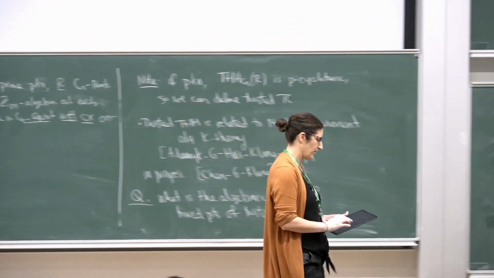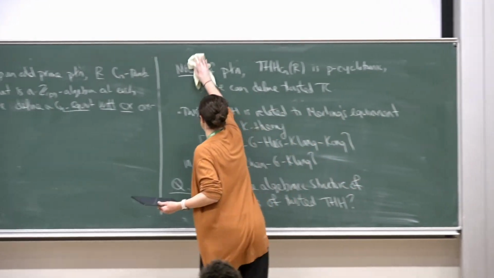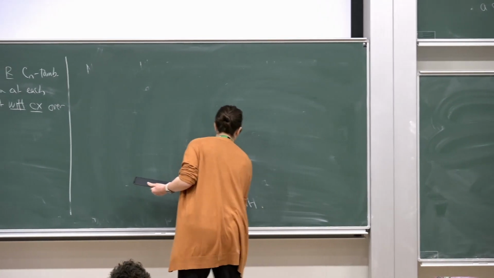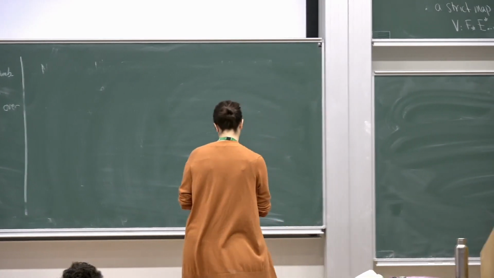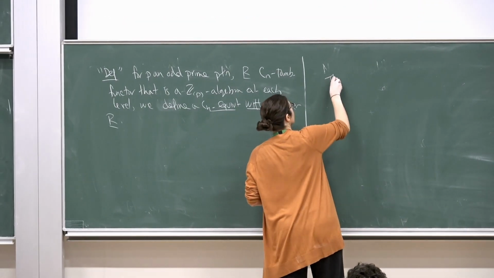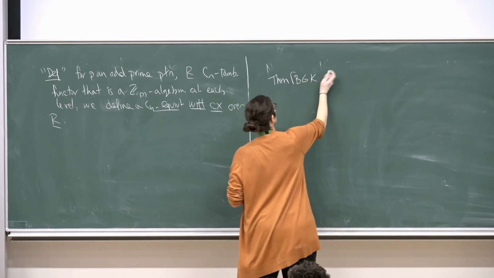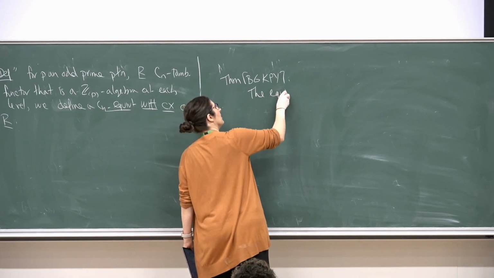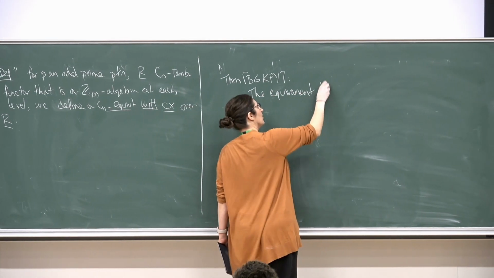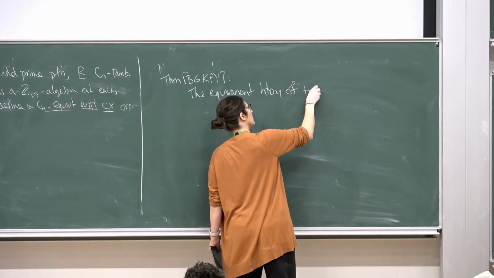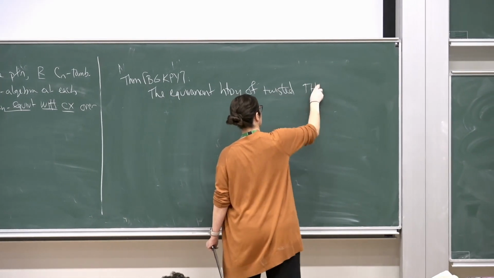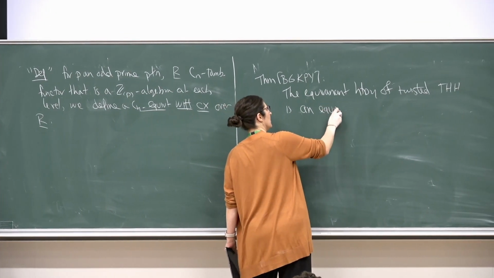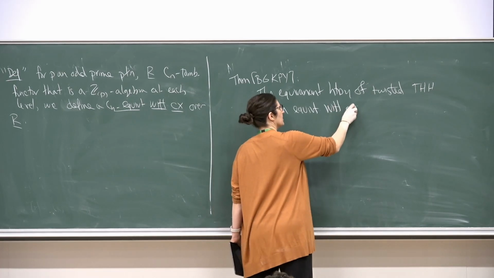We define our C_n equivariant Witt complex, and then our theorem, Bowman, Gerhardt, Kralewski, Peterson, Yang, is that the equivariant homotopy of twisted THH is one of these equivariant Witt complexes. So it is an equivariant Witt complex.